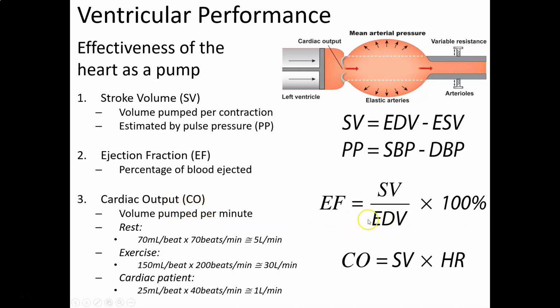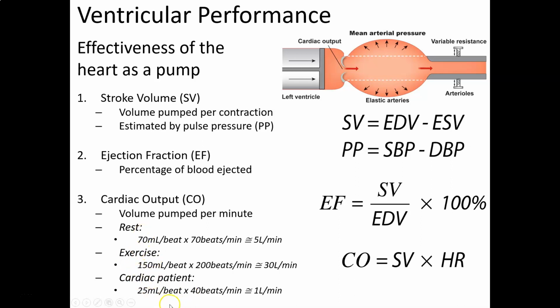We've talked about cardiac output before in class. Cardiac output is stroke volume times heart rate. So that's a way to measure cardiac output. Here are some examples. Someone who's resting, a healthy person, has about 70 beats per minute and 70 mLs per beat. That gives me a cardiac output of about 5 liters per minute.